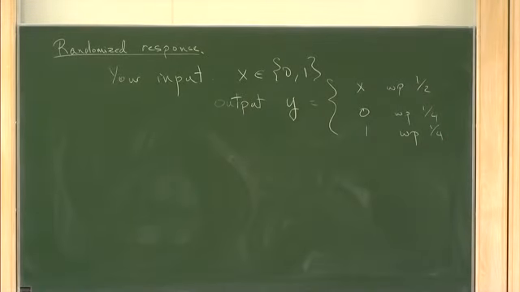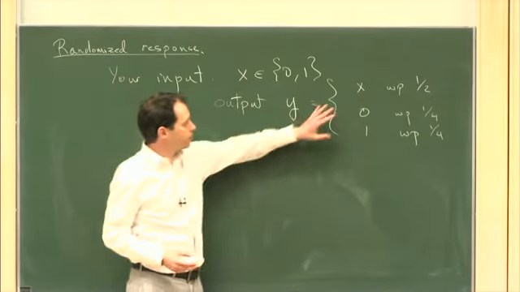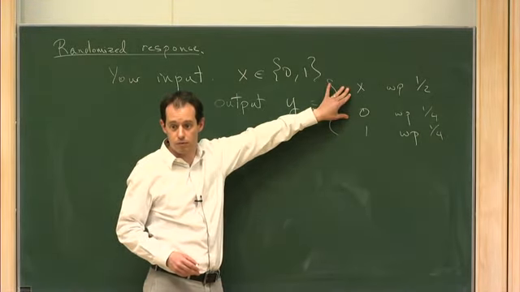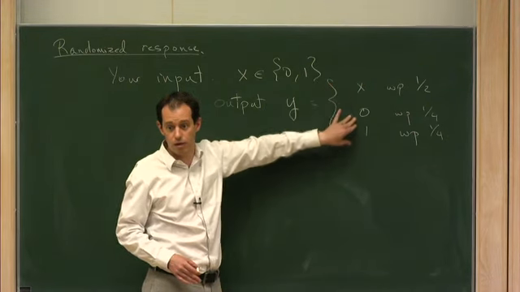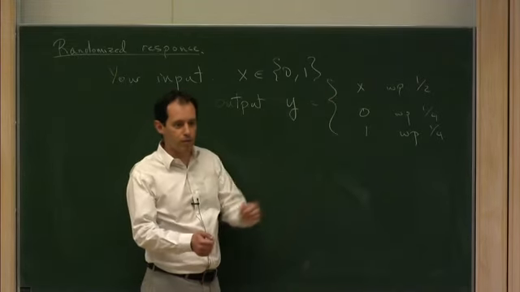Basically, if your answer is a 0, 3/4 of the time you're answering the actual answer to the question, and 1/4 of the time you're answering something else. So you can implement this with coin flips.